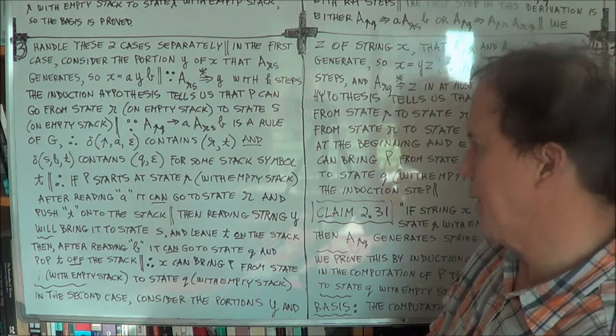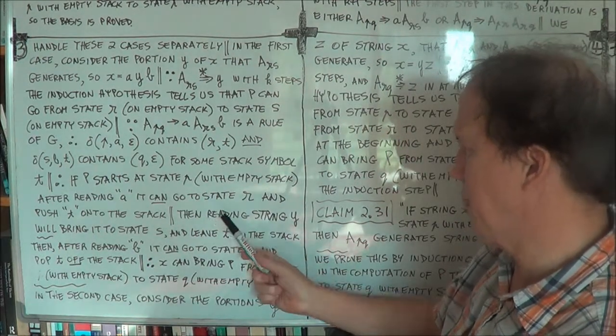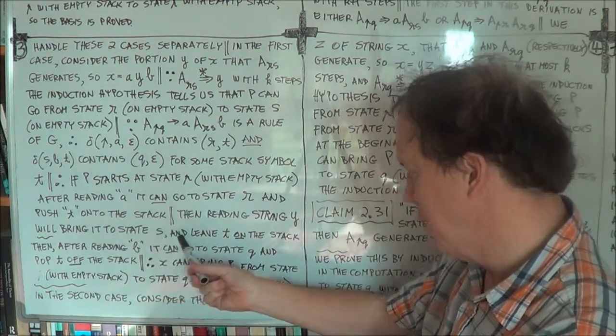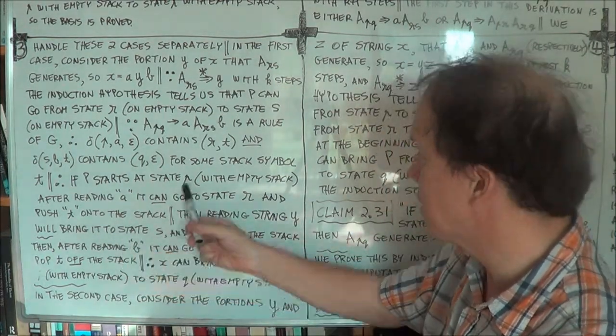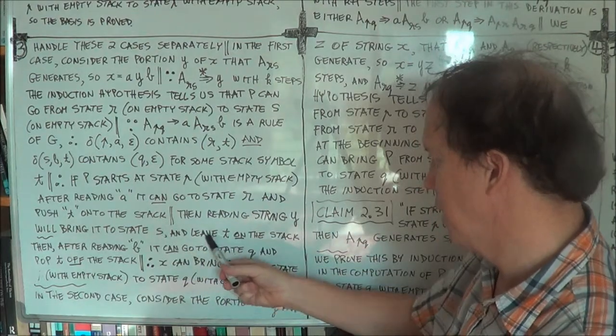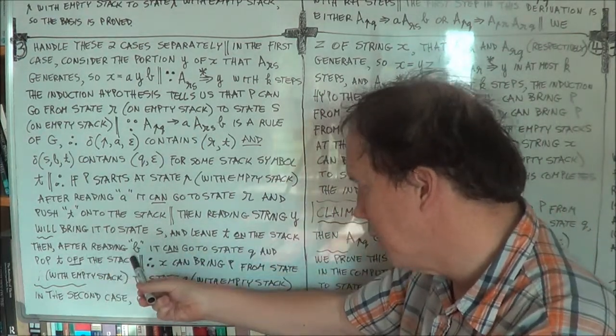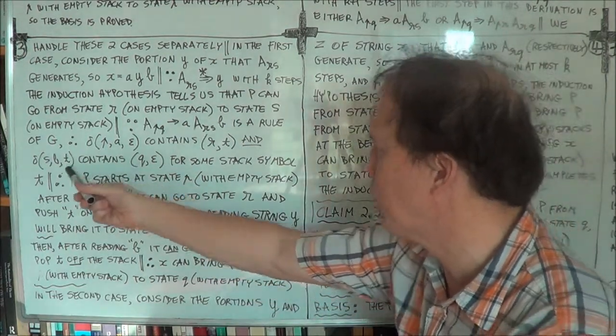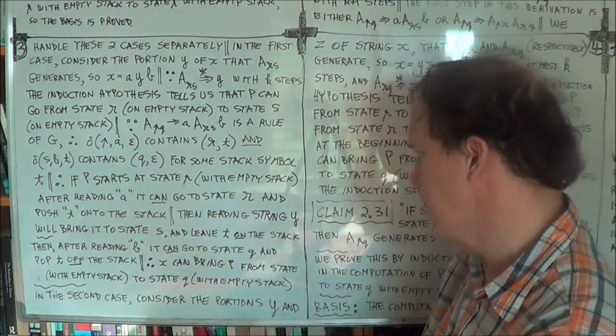All right. When you read your string Y, that takes you to state S and leaves T on the stack. Then you read your B. It goes to state Q using that rule.